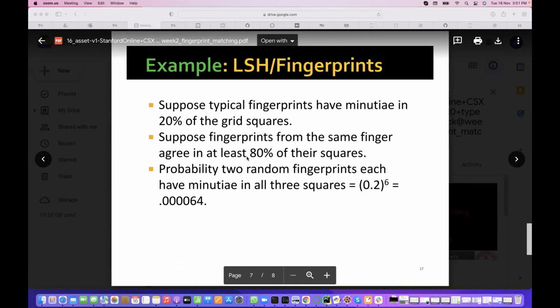So when you take 3, how many will you get? This is 0.000064, which means in 10 lakhs it is 64, 64 out of a million. Only 64 you'll find. Why is he saying random fingerprints?